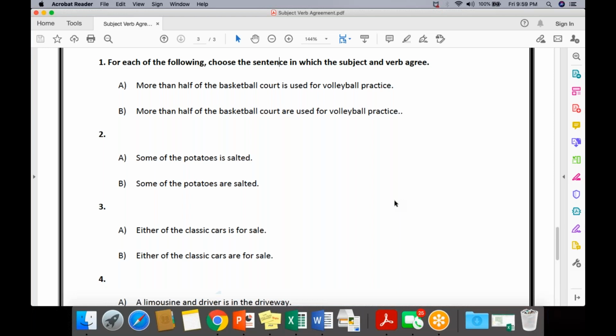Question number 3. Either or, I will go with the subject count which is closer to my verb. It is scarce. It will be are. Right?